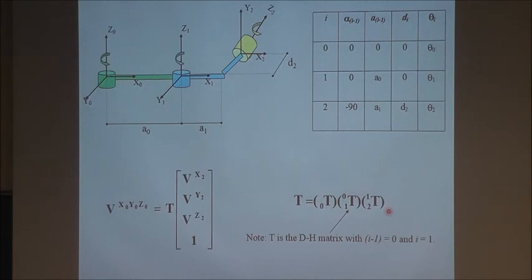So for all practical purposes, we are going to interchange the utility of homogeneous transformation matrix on one hand, or DH matrix on the other hand. So those are interchangeable. The good thing about it is that when you go to DH, you already know how much to move, depending on the specification of the robot. Okay.